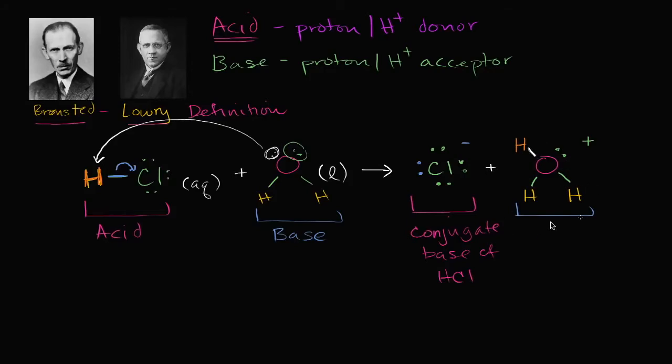And so this is actually the conjugate acid of water, of a water molecule. And as we'll see, water can act as an acid or a base. But this gives you a baseline of at least the Bronsted-Lowry definition of acids and bases.